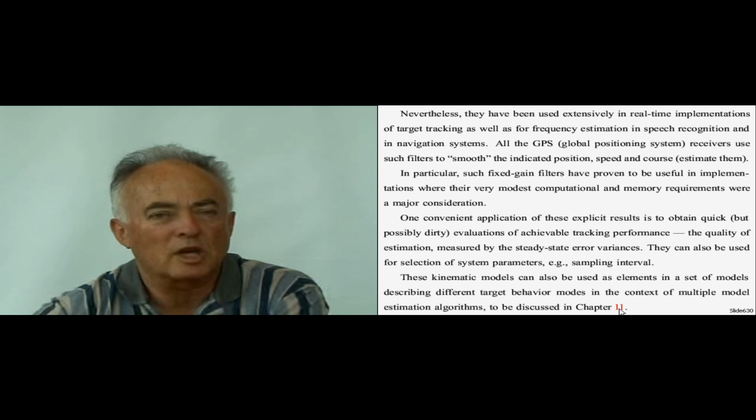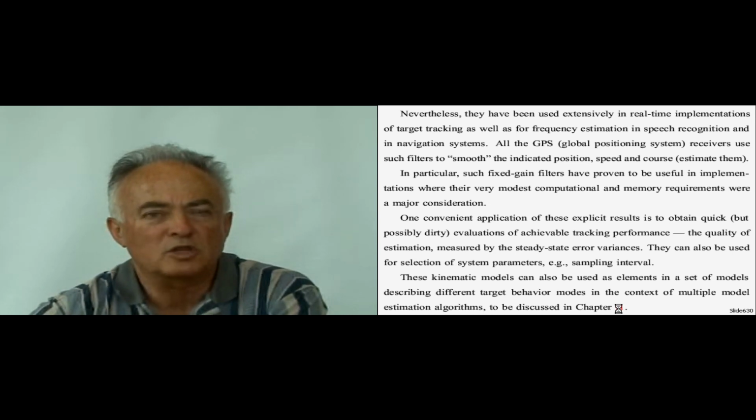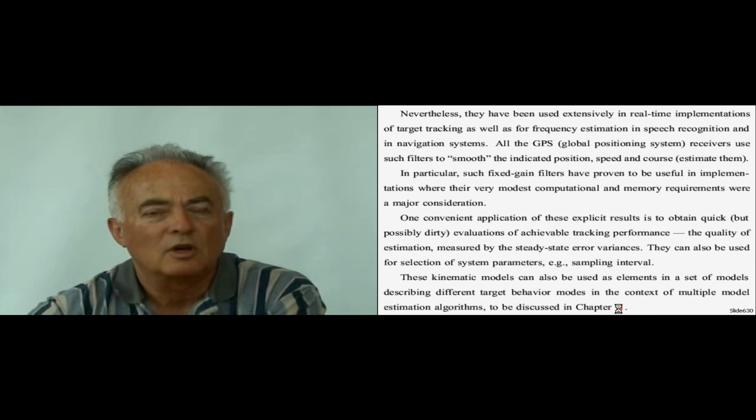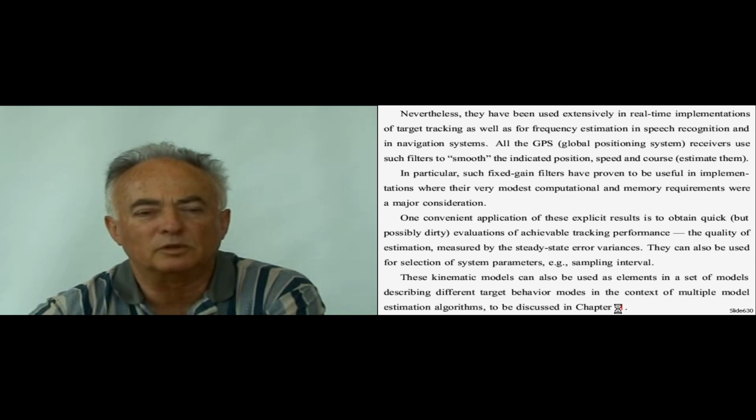So what we have is a good understanding of the physics of motion, the relationship from the physics to the achievable performance on one hand. The second is how to design for different motion modes the state models, how to select the parameters of the state models which immediately have an implication on the filter gains and the filter performance.